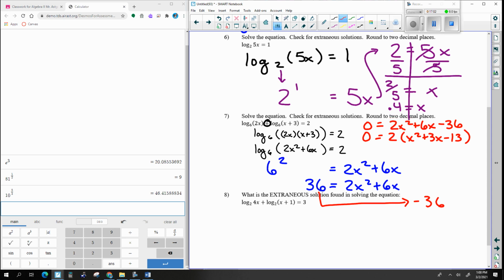Huh. I don't see a simplistic answer here. Let me just graph this real quick.